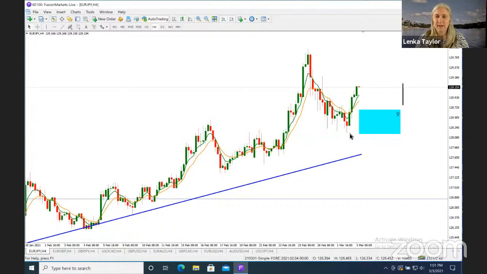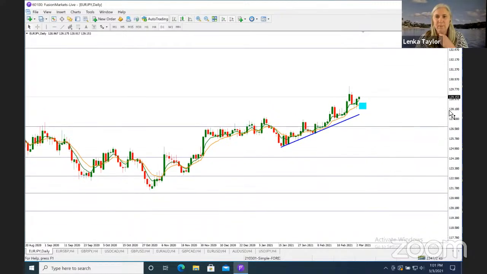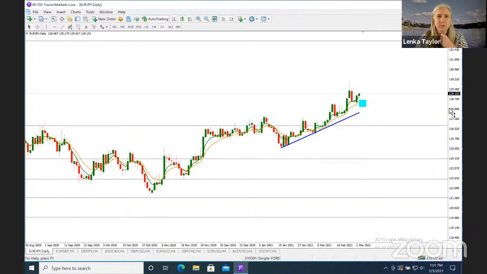All right, so the first chart that I'm going to be looking at is the Euro JPY on the 4-hourly time frame. And I'm interested in getting into this trade. The trend is going up, and at the moment, the horizontal line is quite high up.